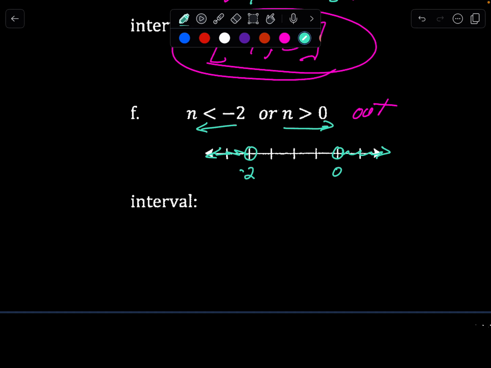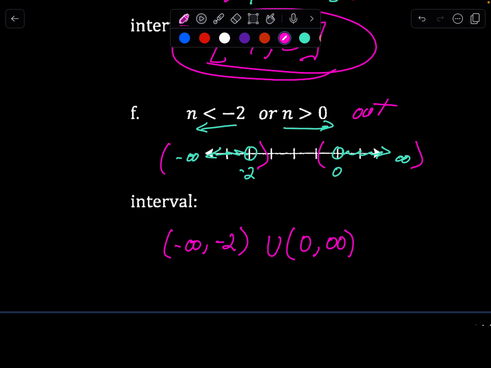Draw your inequalities because this is a negative infinity and this is an infinity. For our interval, we have a parenthesis here, parenthesis here, parenthesis here, parenthesis here. Go negative infinity, comma, negative 2, parenthesis, union, 0, comma, infinity.